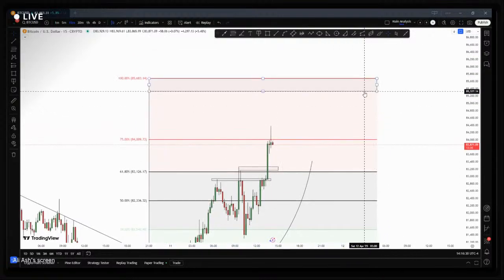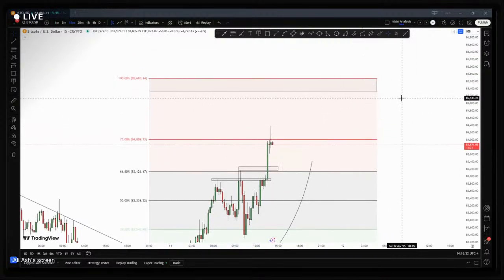This is what my final TP will be, which is 85,600. I have my trade on as well. I will be sharing this when I hit the TP. Hopefully it's going good. Oh wow, it's actually going good, 41%.